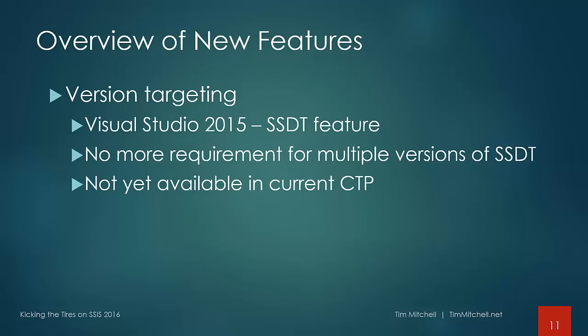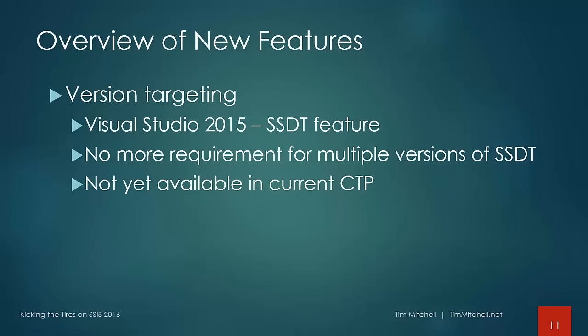Version targeting. If you work in the type of environment that I do, I've been consulting for a while now, I'll have clients that will have 2014, 2012, 2008 R2, 2005, and for every version of SSIS that I've had to support, I also have to have that version of BIDS or SSDT on either my physical machine or virtual machine, which means that I have to maintain multiple copies of that.